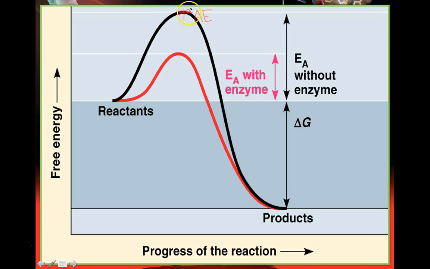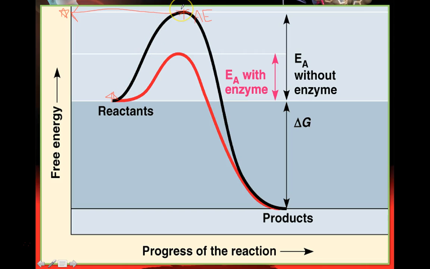And this is a very, very high point. Remember, look what our axis is. This is energy over here. So the higher up we are, the more energy that's being used. So in this chemical reaction, we're starting at the same point as we would if we were to have an enzyme, but we don't because we're following the black line. This black line will go up.